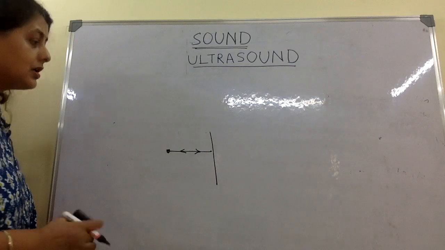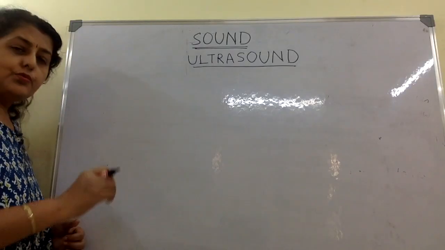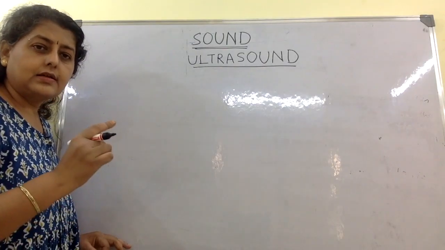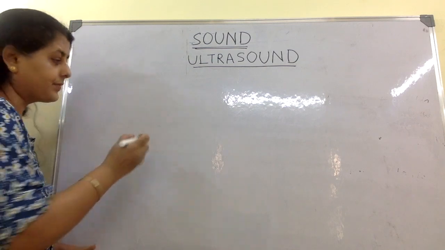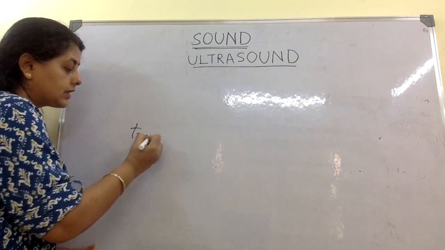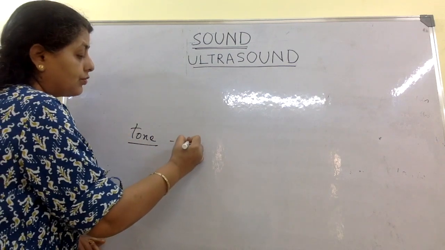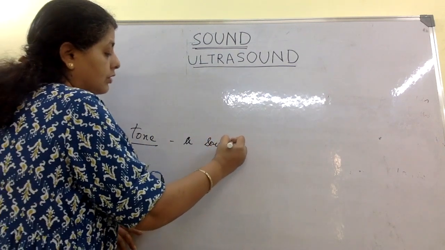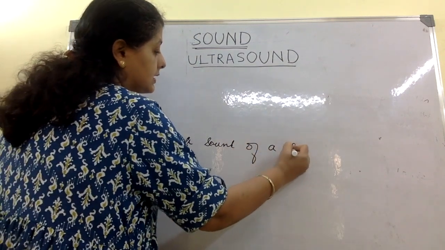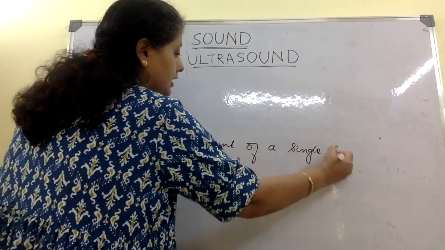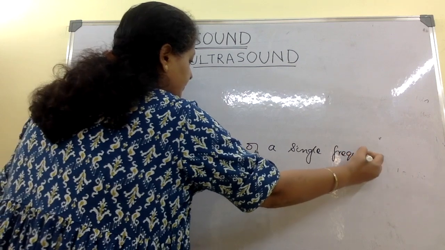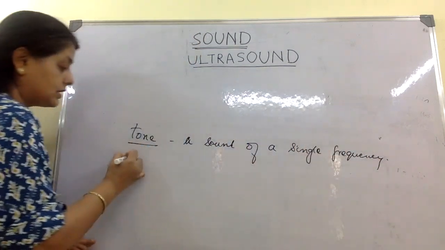Now a few more terms in this chapter, because CBSE can ask very, very small questions. What is a tone? A sound of a single frequency. It doesn't change its frequency. That is a tone. What is a note?